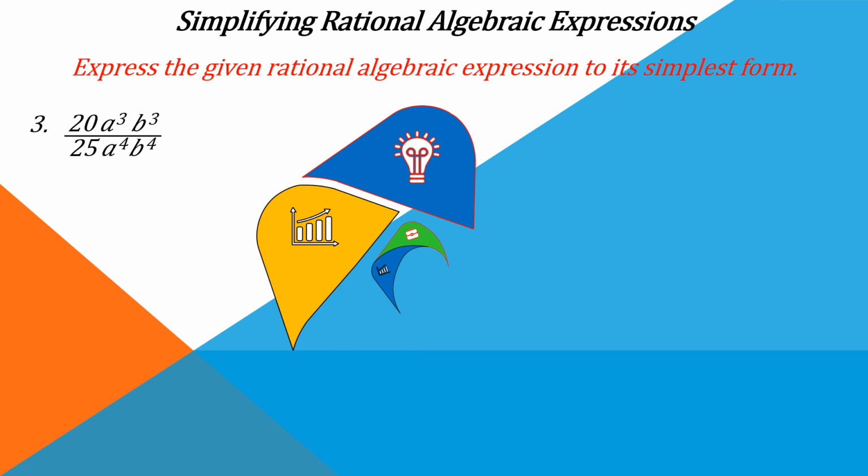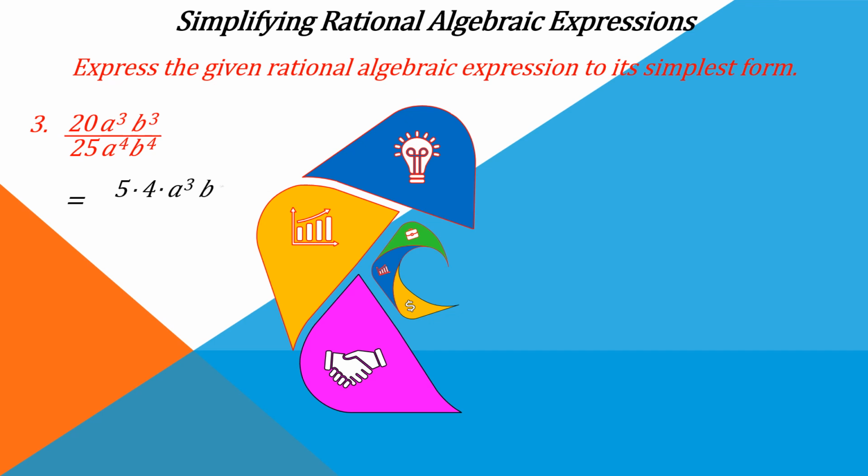If you notice, 20 and 25 are divisible by 5. So the factors of 20 should be 5 multiplied by 4 multiplied by a cubed multiplied by b cubed.